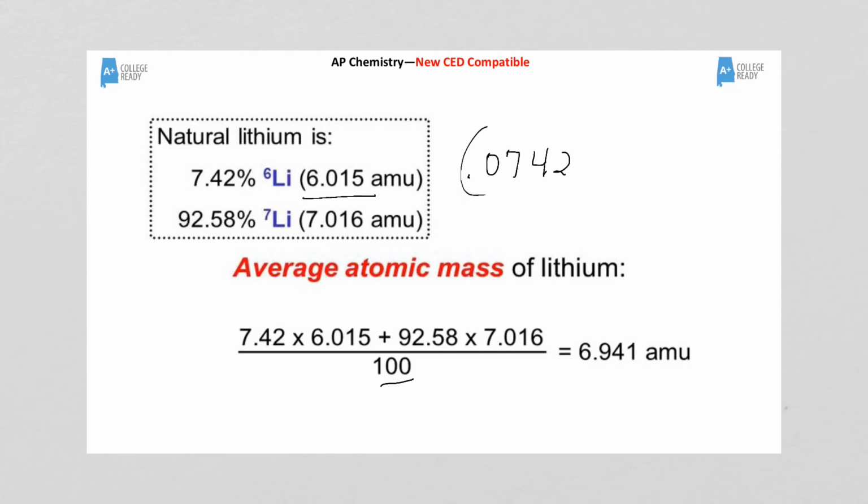Okay, so I would say, and this is my fraction of lithium-6, I'd multiply it, put a little star, times that mass, and then make sure you use order of operations. Then I would add, again multiplying in the parentheses, change this percent to a decimal, star, I'm multiplying 7.016.